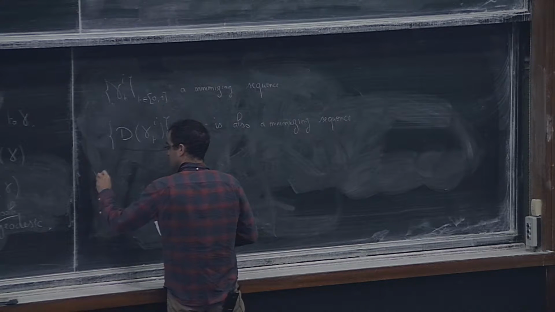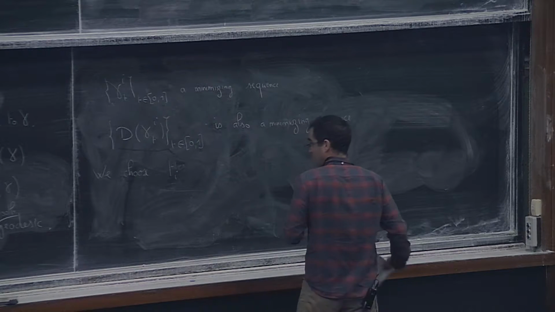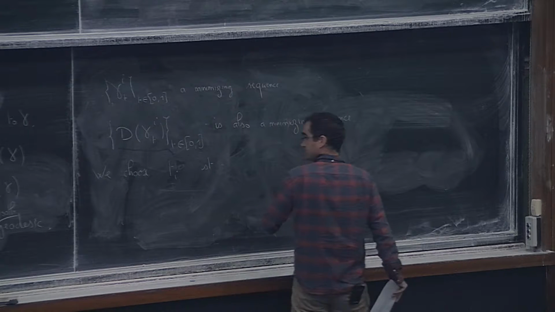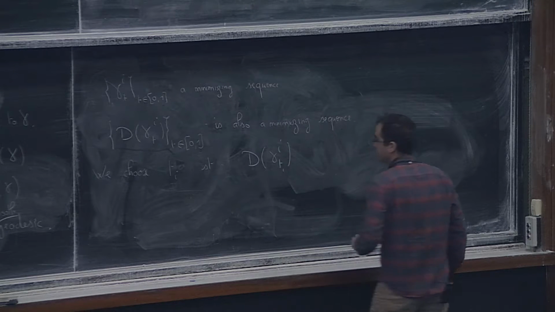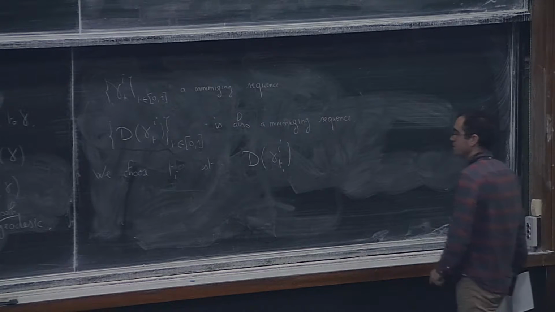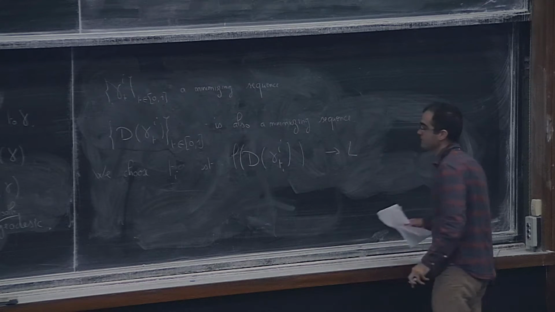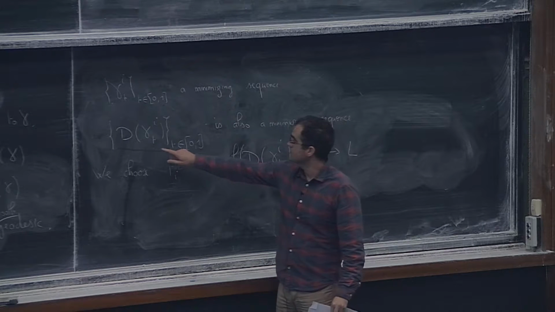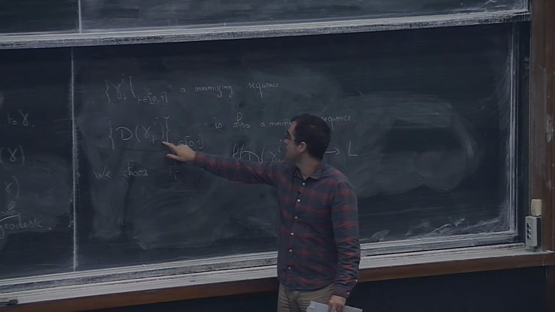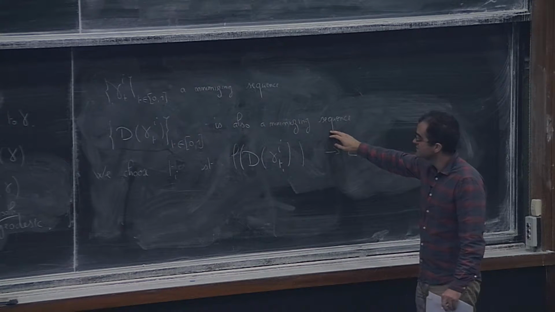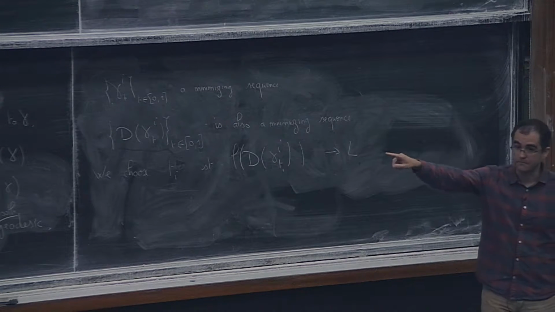We choose t_i to be such that D of gamma_i,t_i has length going to L. So in some sense, you look at the t such that the length of these curves is maximal, and because it's a minimizing sequence, the length of this precise curve has to go to the value L I defined there. Okay.